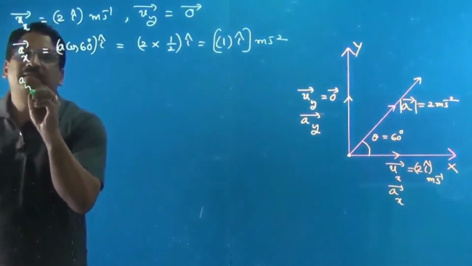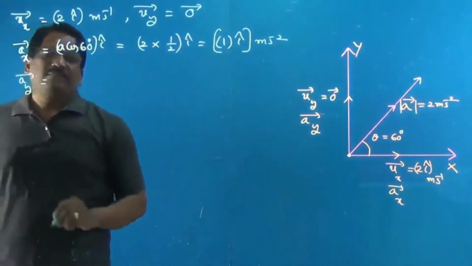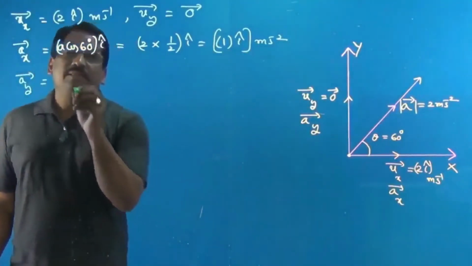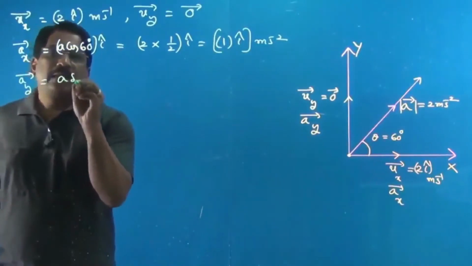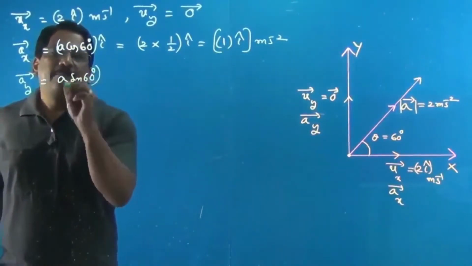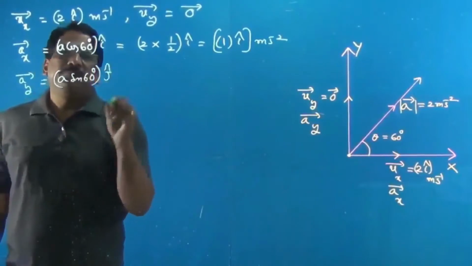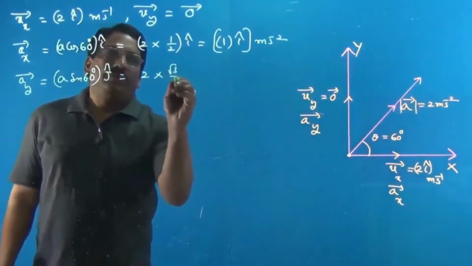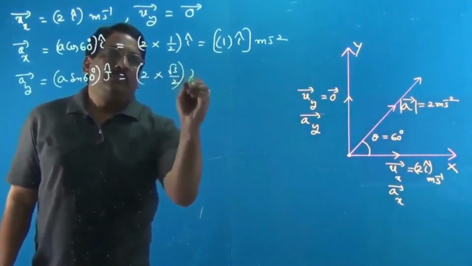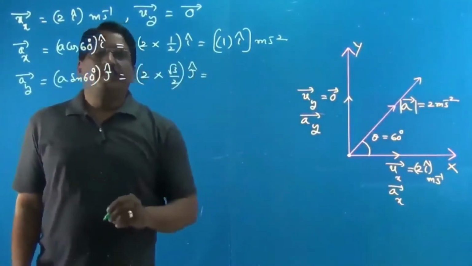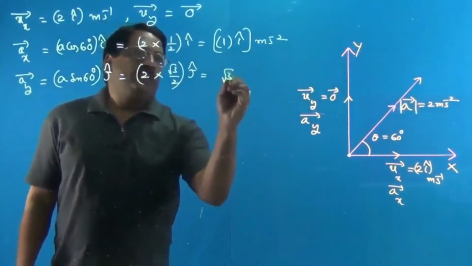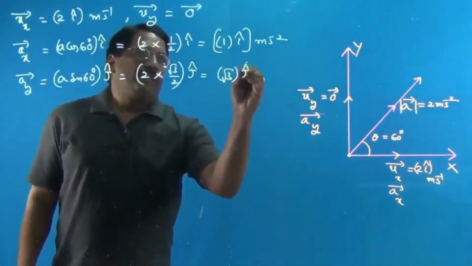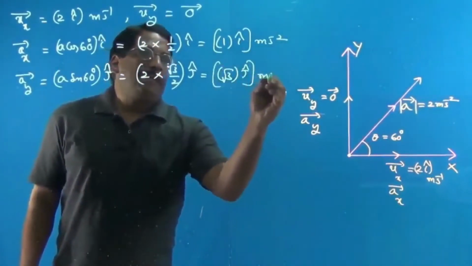The acceleration component along the y-axis is a sin 60 degrees j cap, and this is equal to 2 into sin 60, root 3 by 2, j cap, and this is equal to root 3 j cap meter per second square.